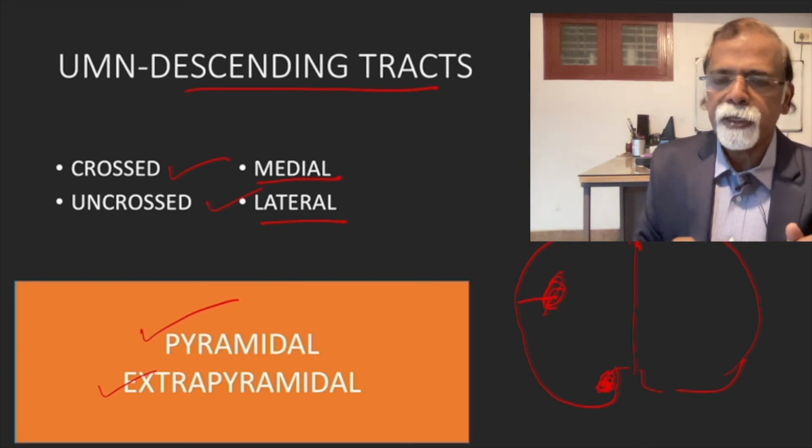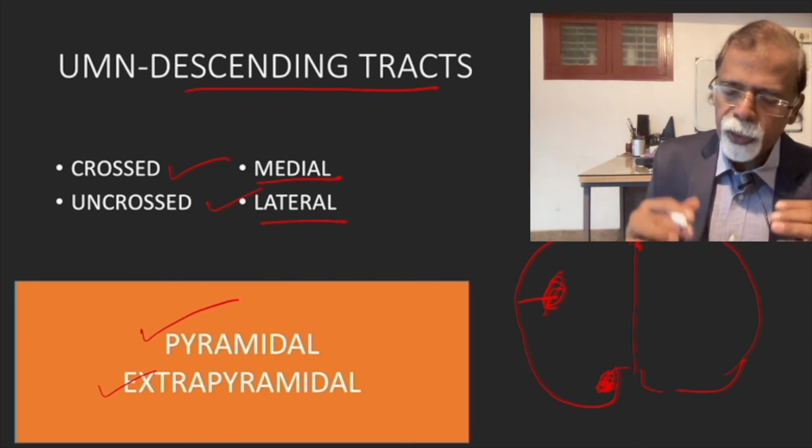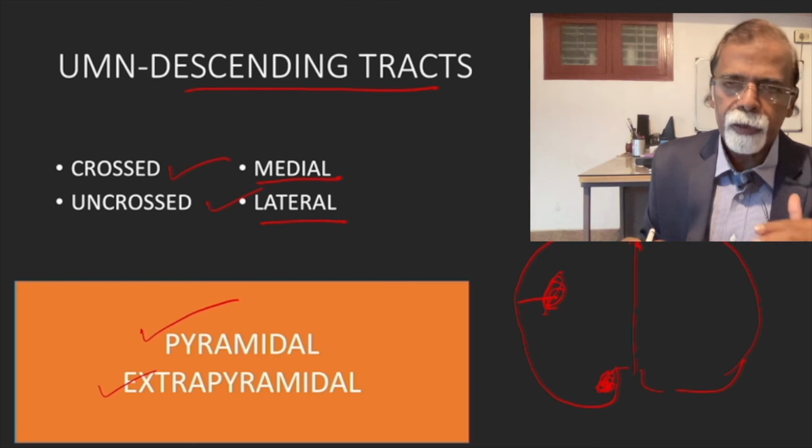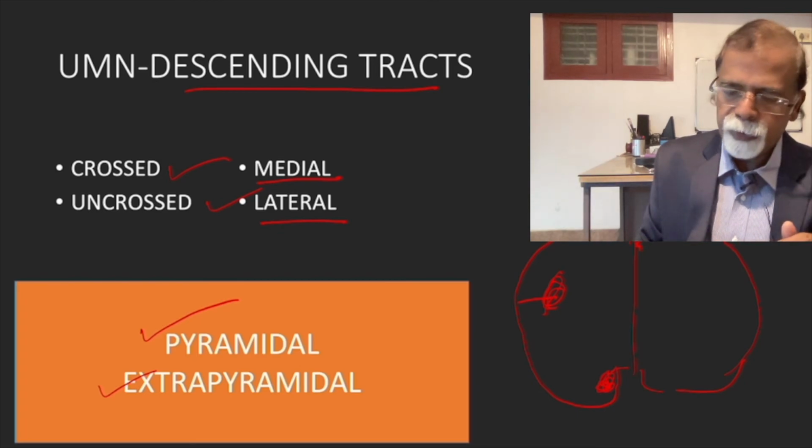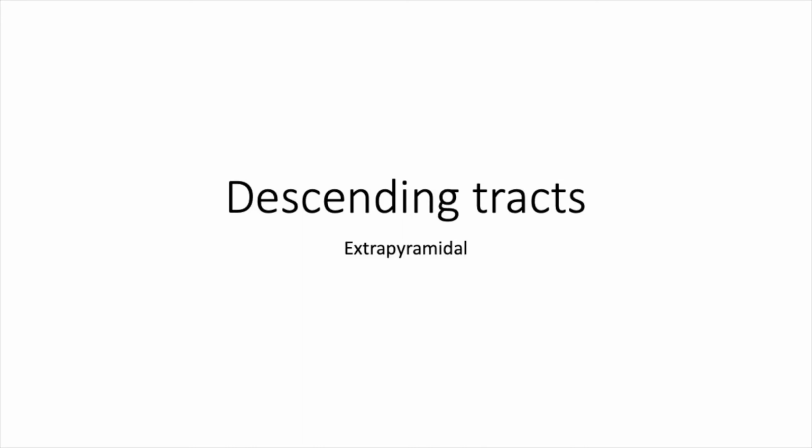These are the ways in which you classify: pyramidal, extrapyramidal, crossed, uncrossed, medial pathways and lateral pathways. In the next session, we will be discussing the extrapyramidal pathways and also divide the descending tracts into crossed tracts, uncrossed tracts, medially situated tracts and laterally situated tracts.